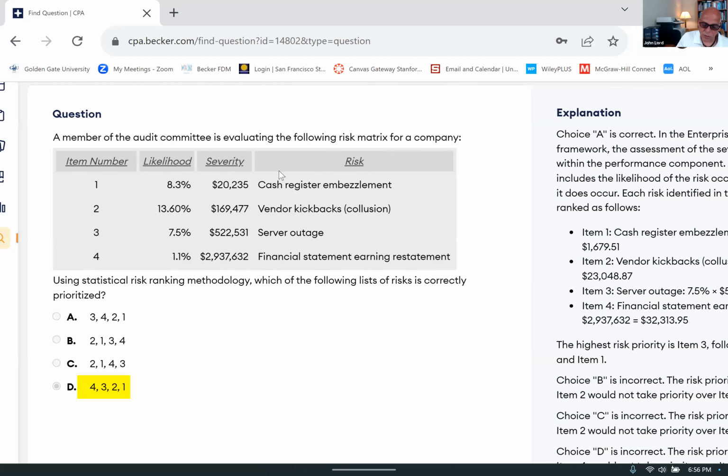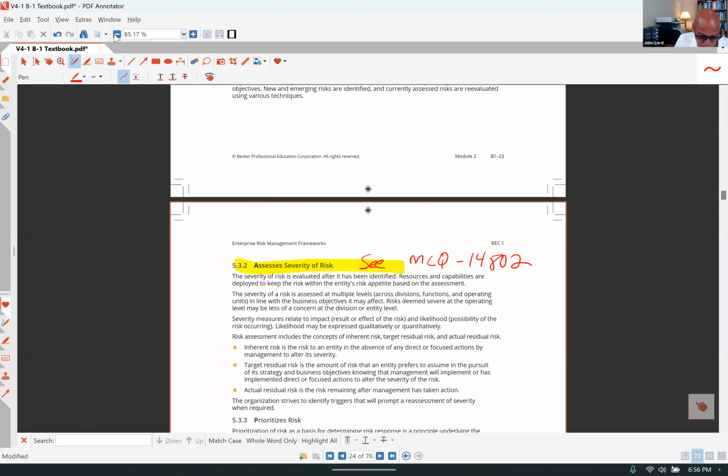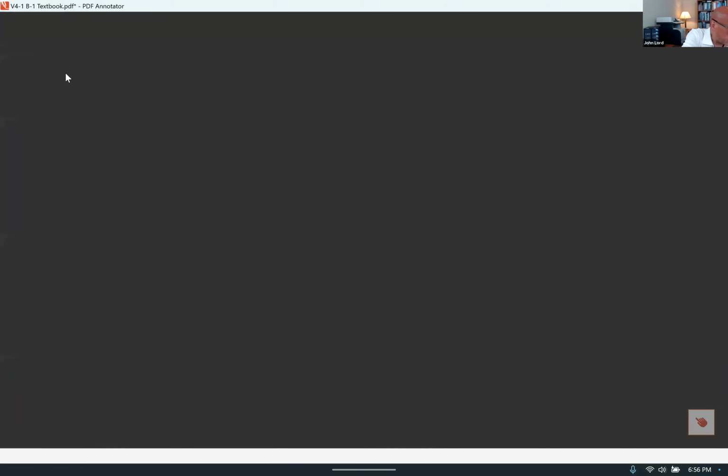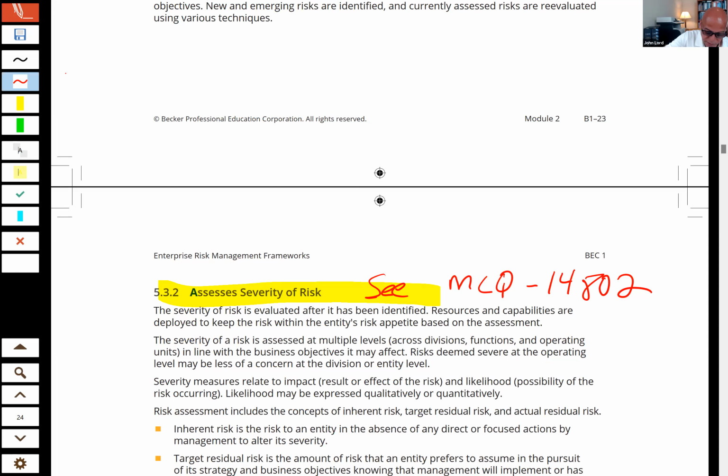So that's just giving you a sense of how you could evaluate severity. When you evaluate severity, it's not just the amount associated, but it's also the likelihood associated with that. The severity of risk is assessed at multiple levels.